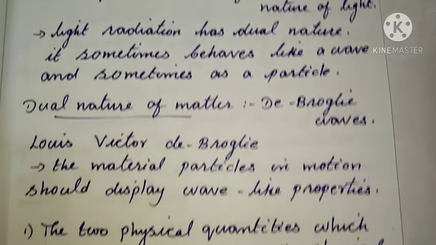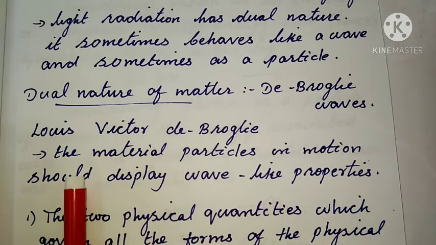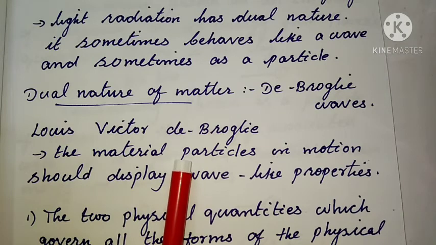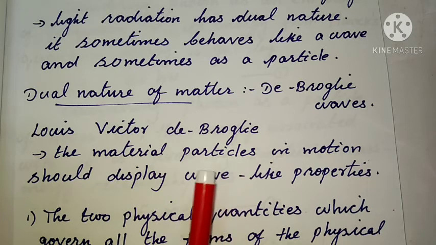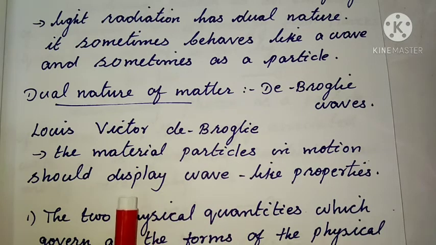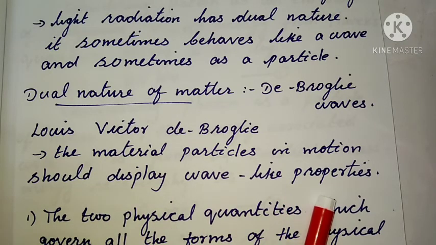So what is the dual nature of matter according to de Broglie? In 1924, the French scientist Louis Victor de Broglie put forward the hypothesis that material particles in motion should display wave-like properties.